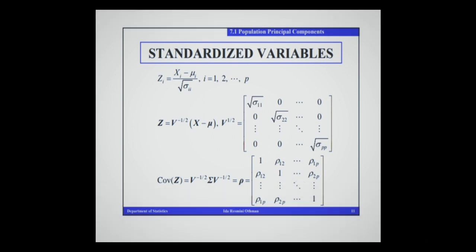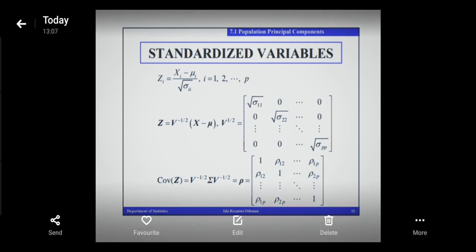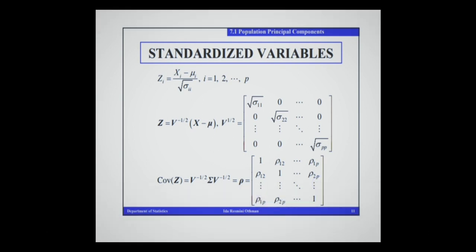And the other element here, row 1, 2, means the correlation between the first variable and the second variable. So the other elements will have the correlation values between the variables. The main diagonal will be 1.